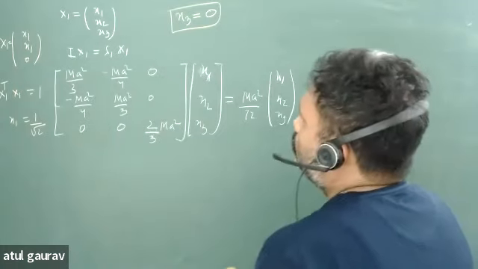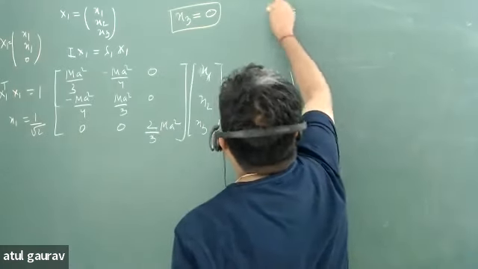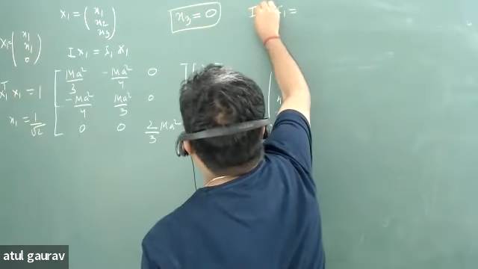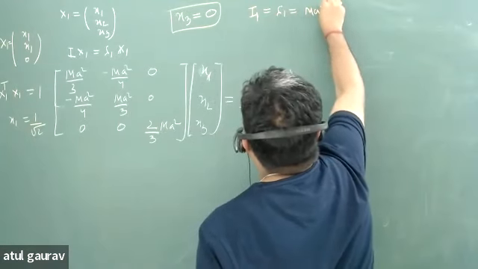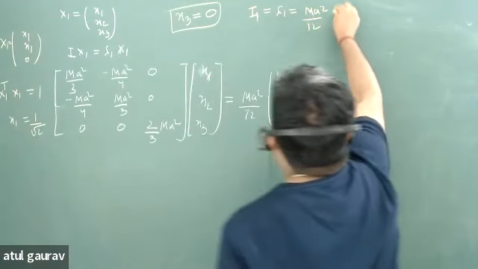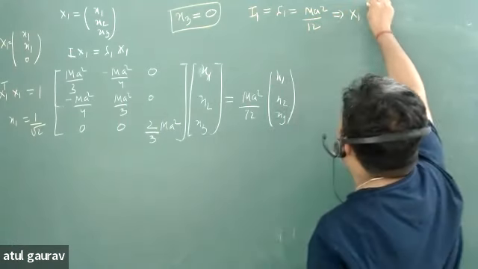Okay, so you have lambda1, which you can also call I1. This is much better. I1 is equal to lambda1, and that is MA square by 12, and the corresponding axis is x1.